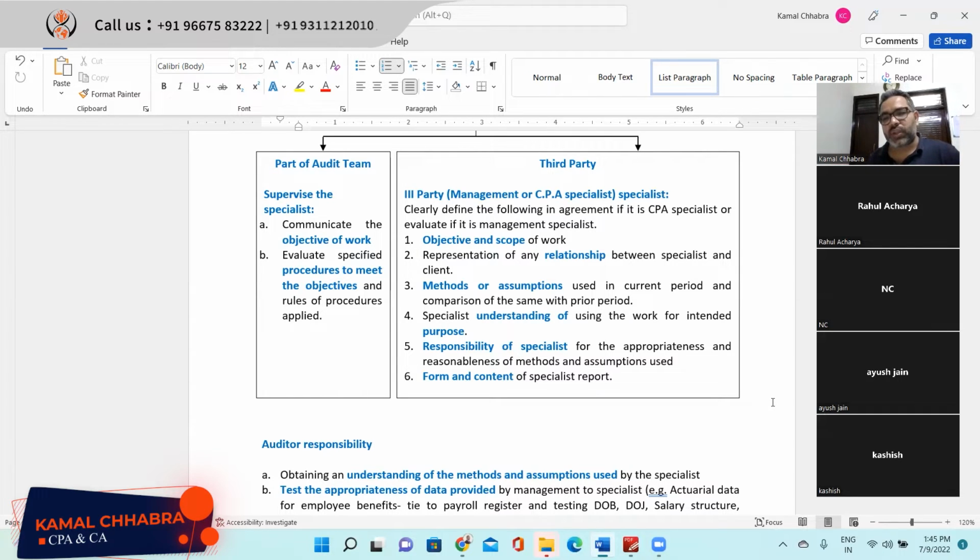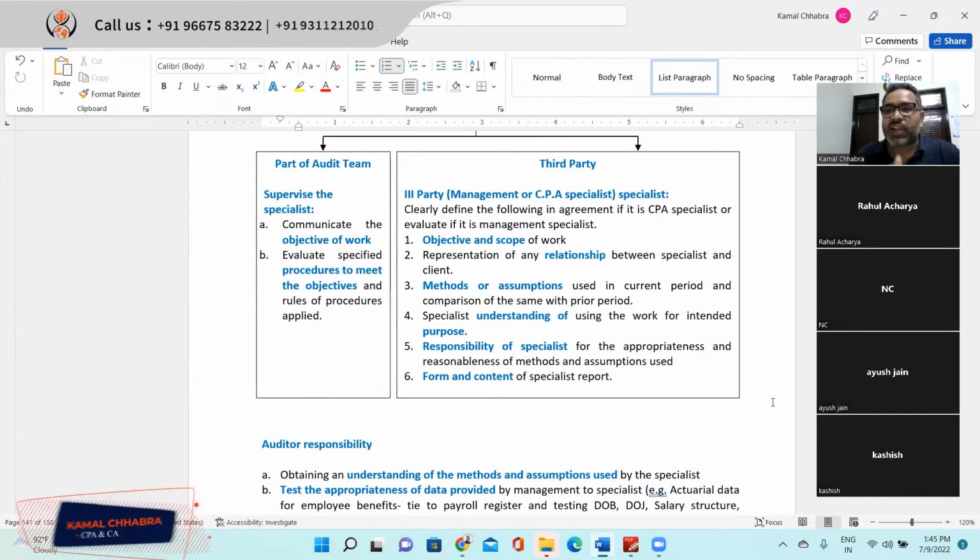And then understanding of using the work for the intended purpose. So we need to understand from the specialist what they understand about the engagement, so that we both are on the same page. Then fifth one is responsibility of the specialist for appropriateness and reasonableness of the method and assumption used.